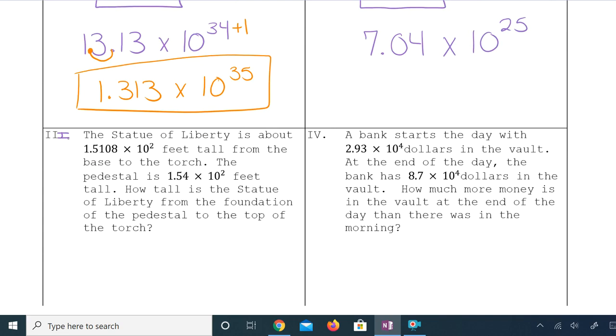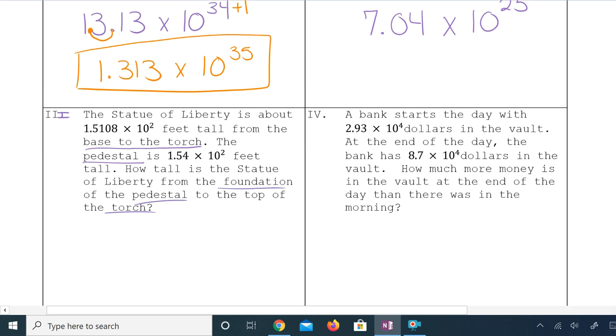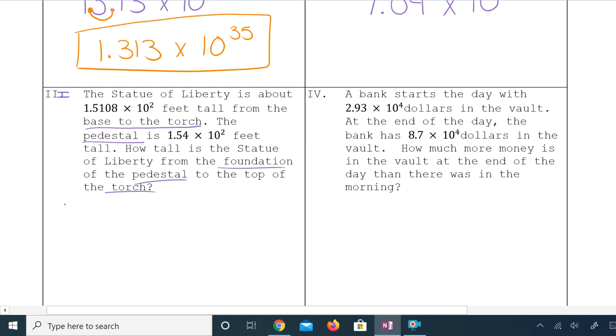How tall is the Statue of Liberty from the foundation of the pedestal to the top of the torch? So if I pay attention here, I'm given a portion of the Statue of Liberty from the base of the torch, and then the height of the pedestal, and I want from the foundation of the pedestal all the way to the top. So I know I'm going to be adding these together.